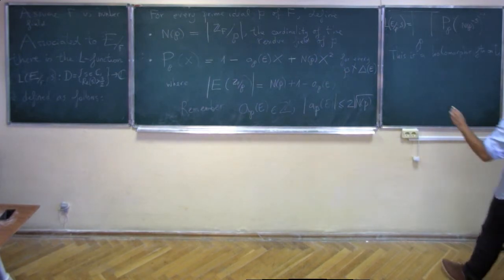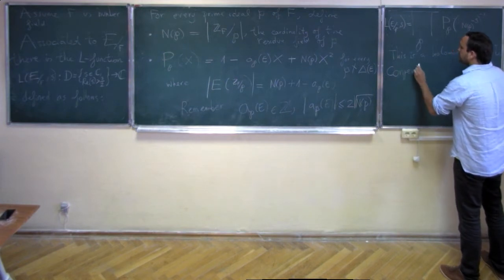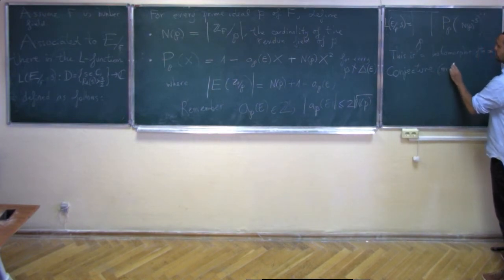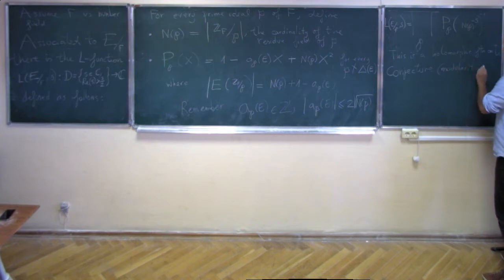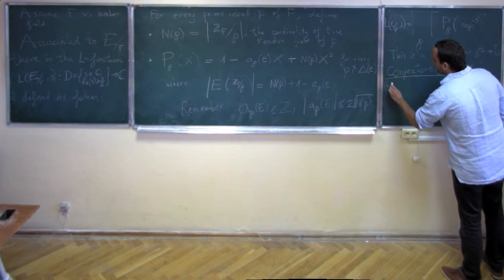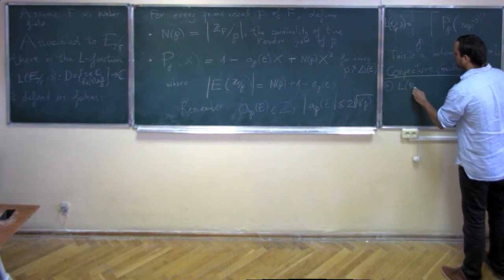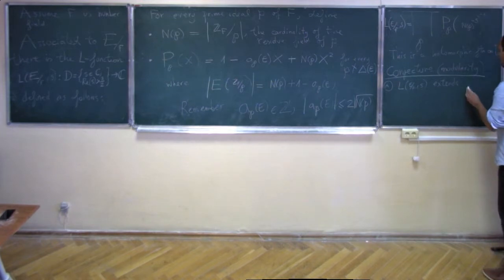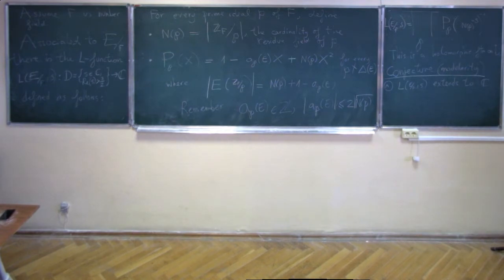But the conjecture, let's call it the modularity conjecture, is that this holomorphic function on this open subset V should actually extend to a holomorphic function on the whole complex plane.